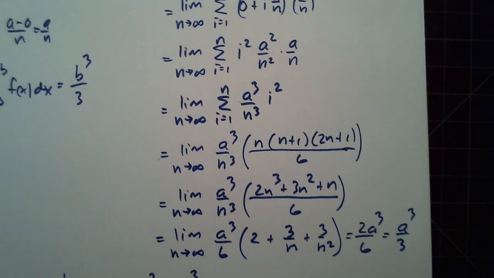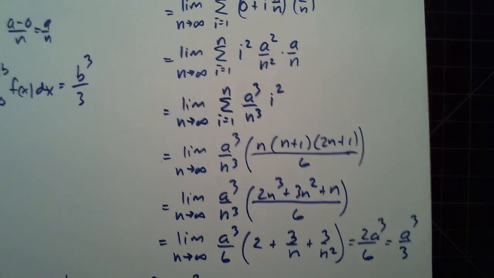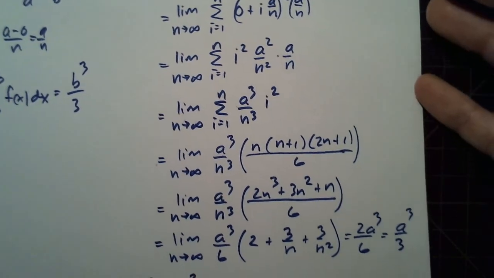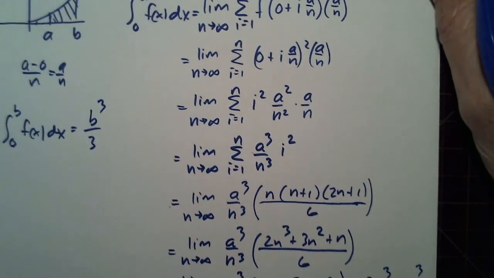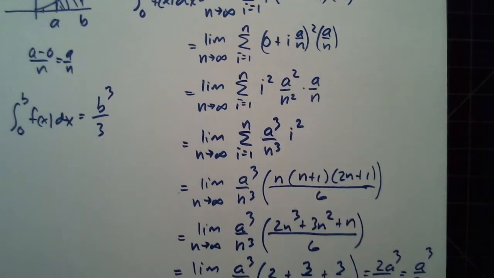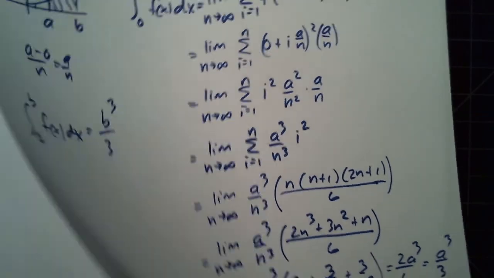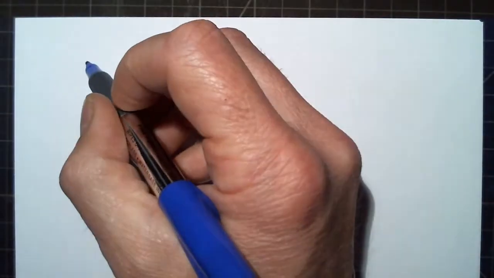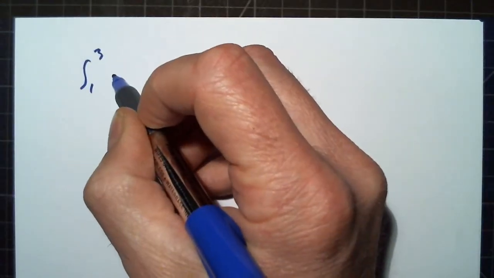The proof allows us to see that it works for all functions, not just x squared. But we just saw it for x squared, and that's as far as we're going to take any proofs. So now that we know the fundamental theorem of calculus, we don't have to use limits anymore.